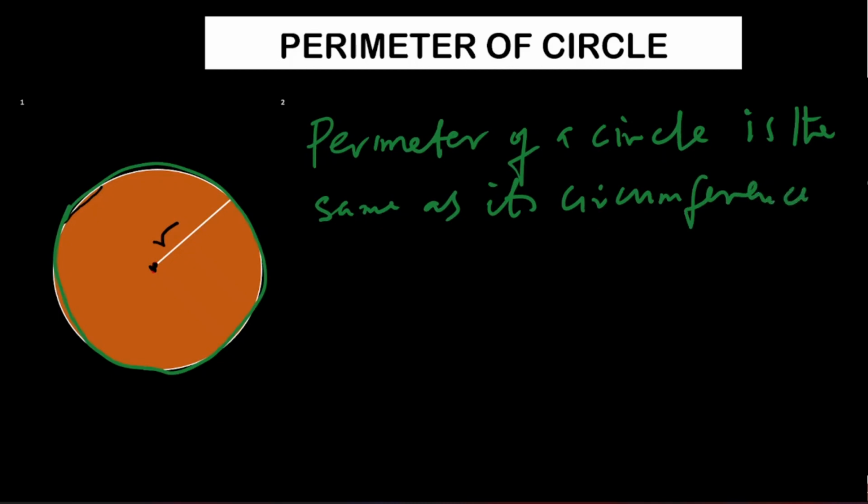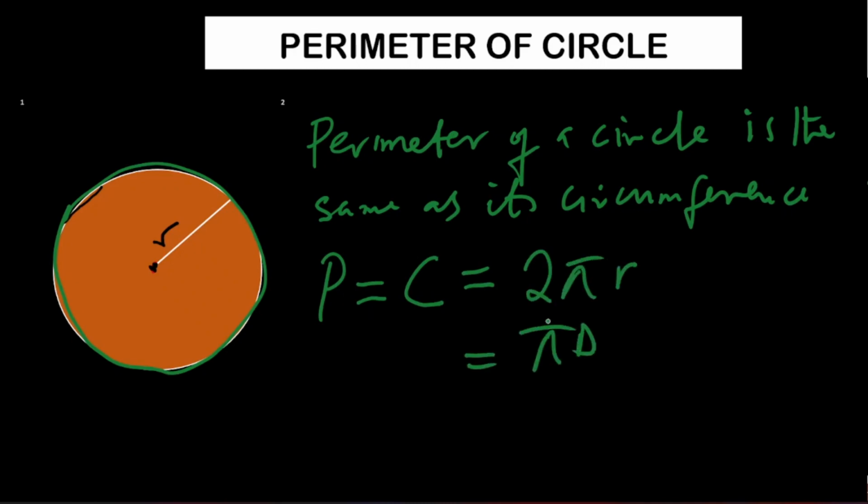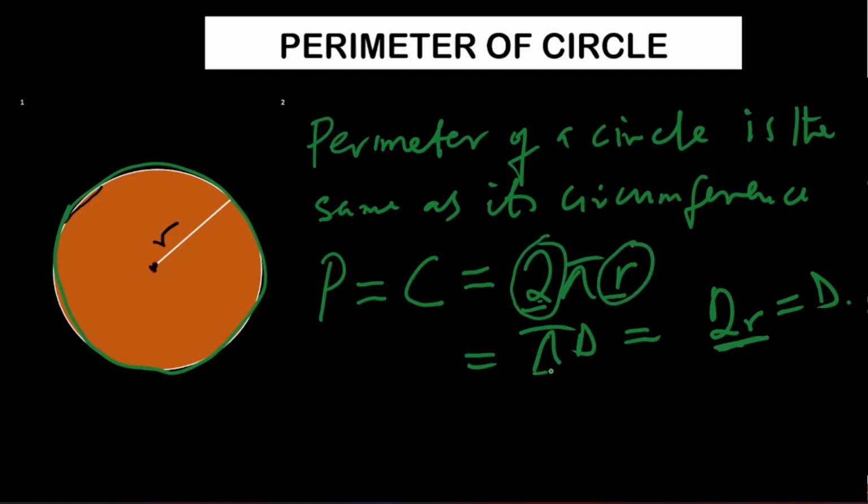To calculate that, the formula for calculating the perimeter of a circle, which is the same thing as the circumference of a circle, is what? 2 pi r or pi d. Why is it pi d? Because 2 radii equals 1 diameter. So instead of writing 2r here, you replace 2r with d. That's why we have it to be pi d.